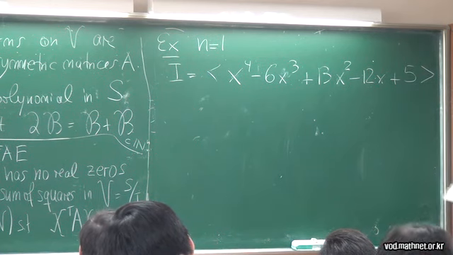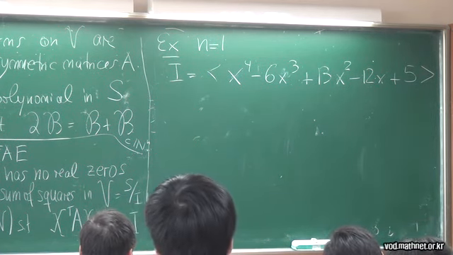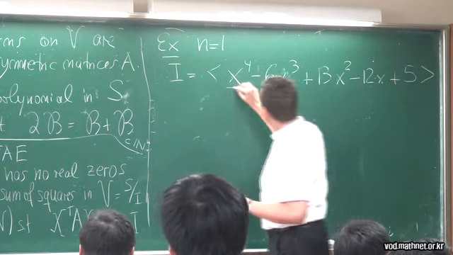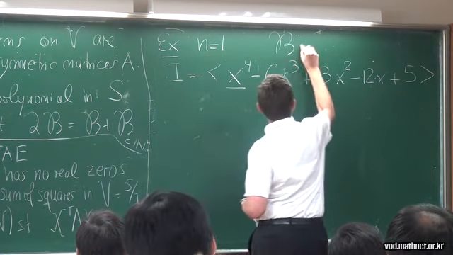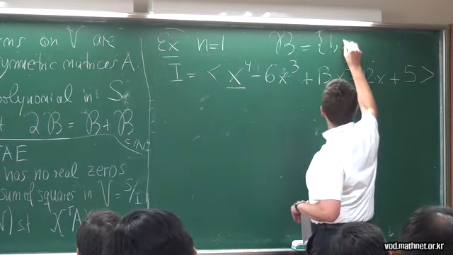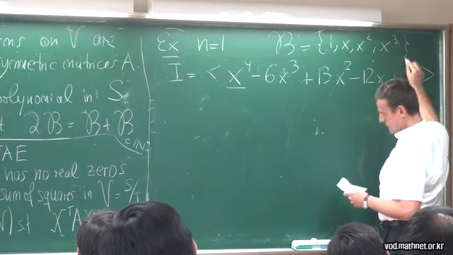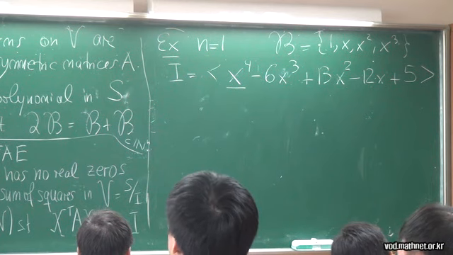I want to know: are there any real roots? Does this polynomial have any real roots? Well, it's already a Grobner basis. So this is the initial ideal. The standard monomials are 1, x, x squared, and x cubed. So I want to decide this: is this a sum of squares? Does it have any real roots?